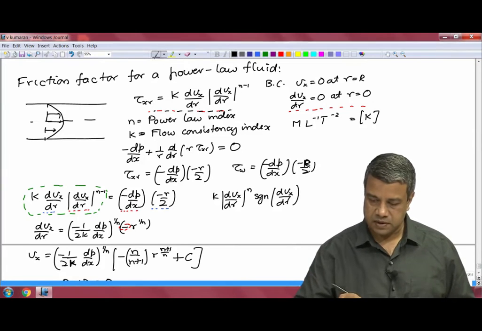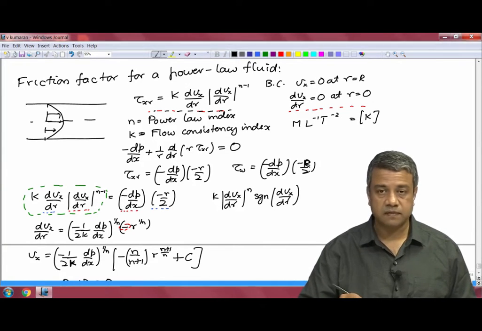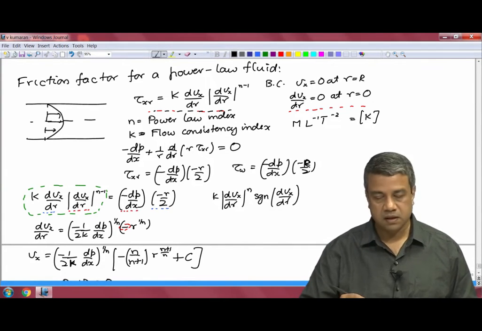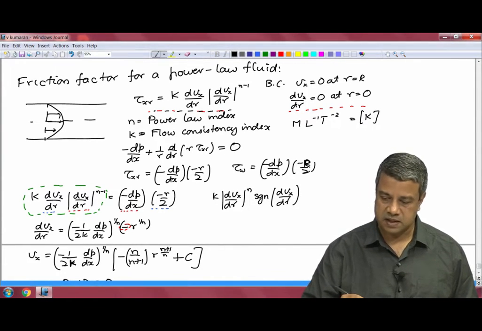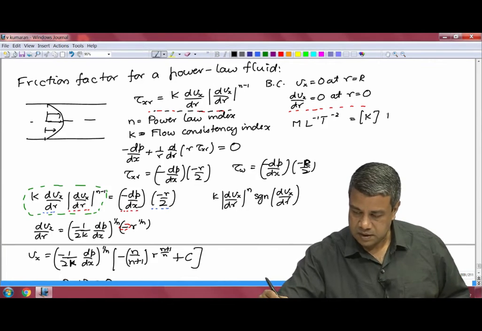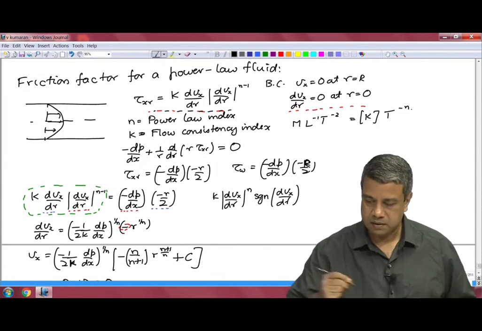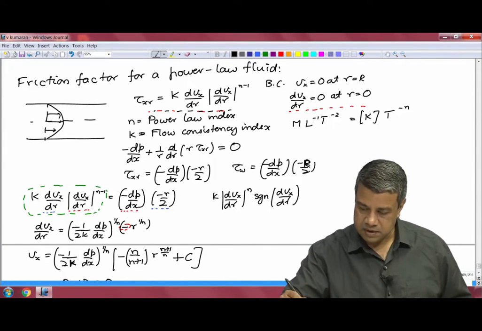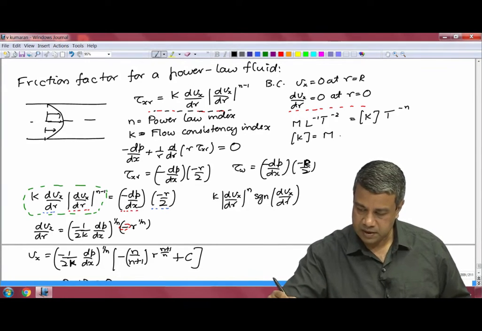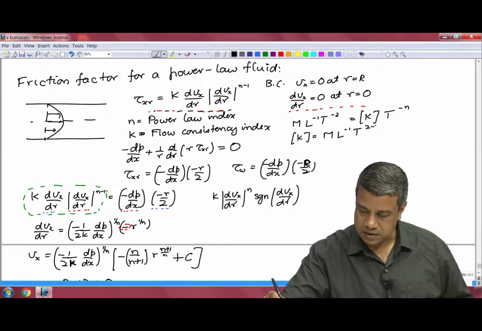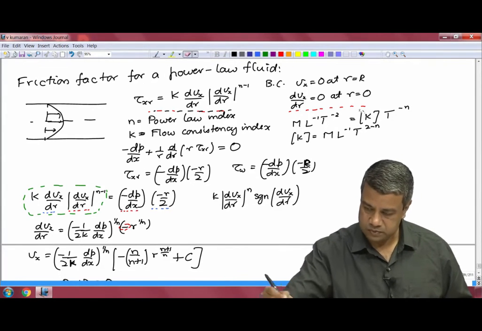The dimension of the flow consistency index times the dimension of dvx by dr. dvx by dr is velocity divided by a distance, which is inverse time. So, this will be t power minus n, which means that the flow consistency index has to have dimensions of m L inverse t power 2 minus n, I am sorry, n minus 2.